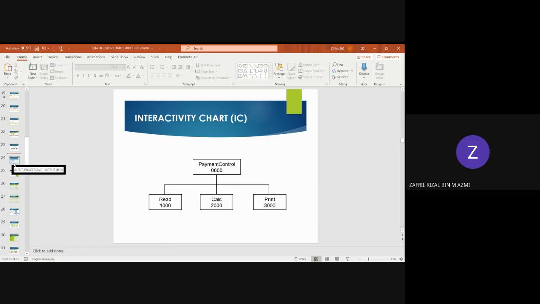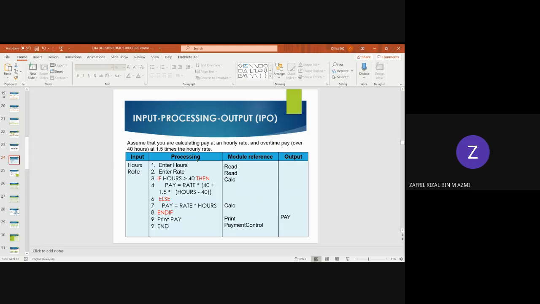And then IPO is also similar to the sequential logic structure. However, you need to add the decision part, as we discussed last week. This is what you can take and put in your algorithm.